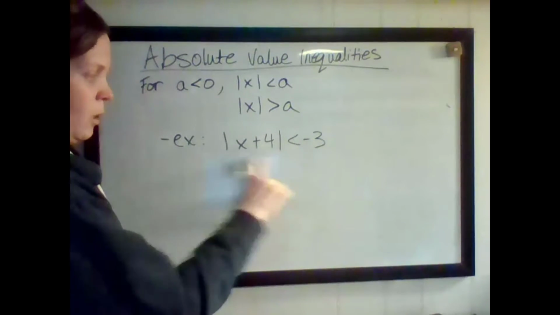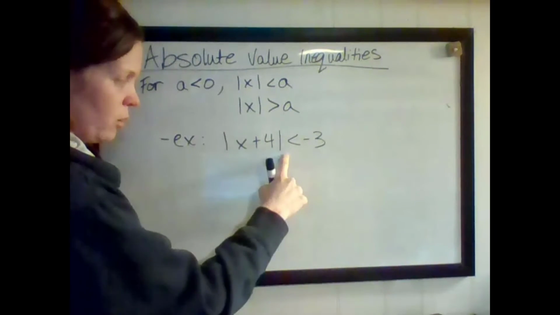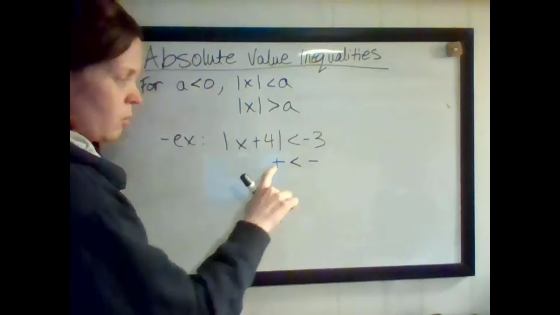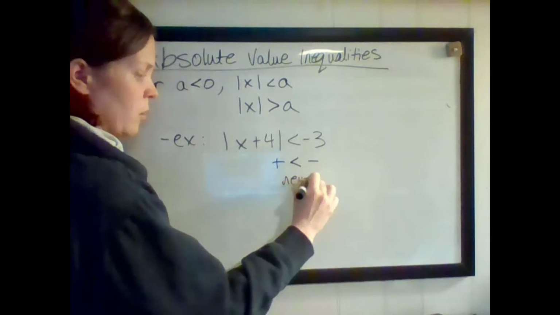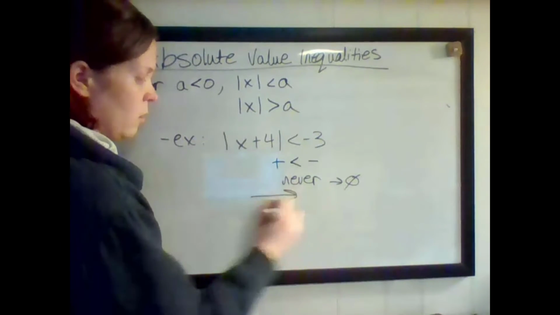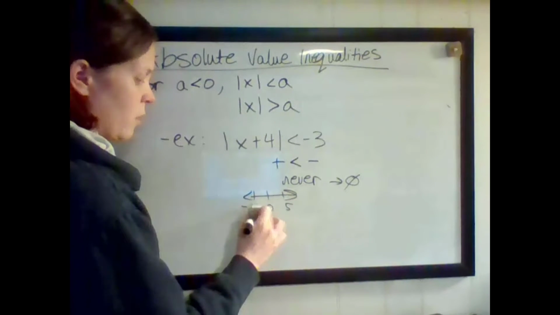Now let's just think about it. What's happening here? This is a positive number, no matter what I do, because it's absolute value. When is a positive less than a negative? Never. This never happens. So that means there is no solution. I could plug in any number. Let's say 0, we'll do 5, and negative 5.